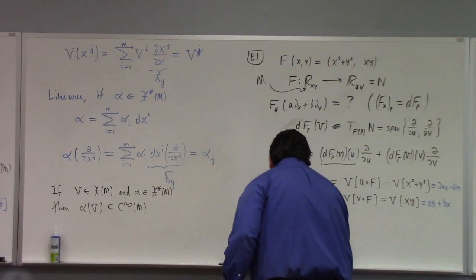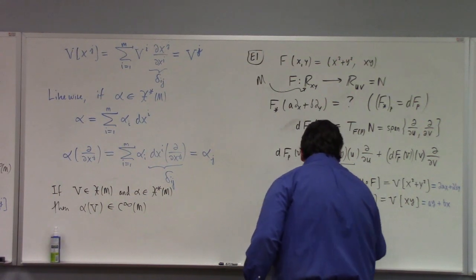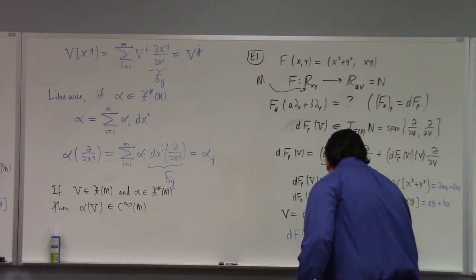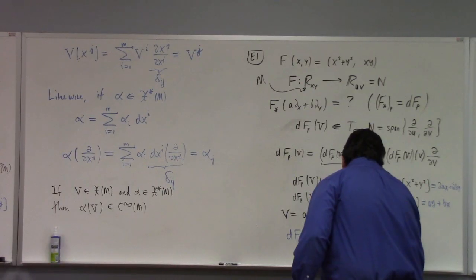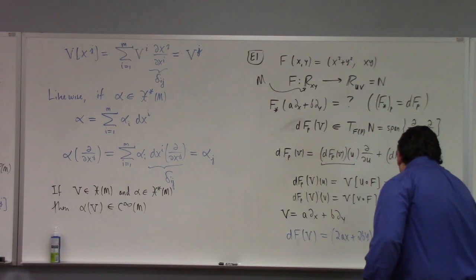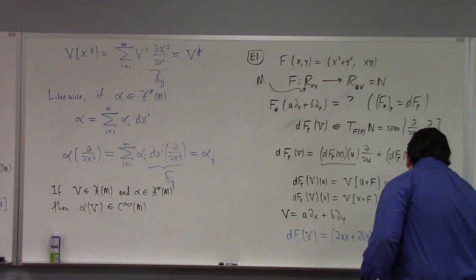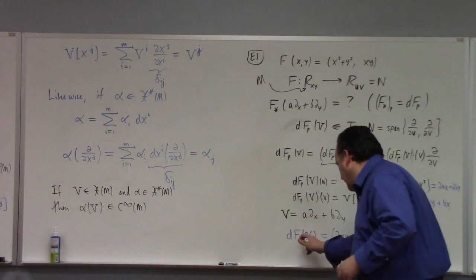What's the push forward of f acting on v? I got 2ax plus 2by partial u plus ay plus bx partial v. Now, to be fussy, I've dropped the point dependence. I could put the point dependence back if you wanted, right? So v is at the point P, right?